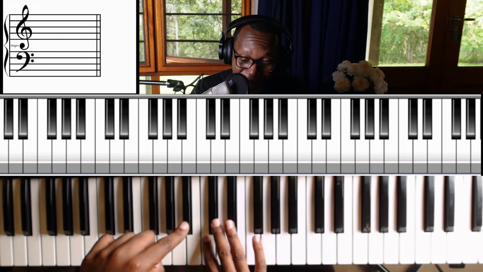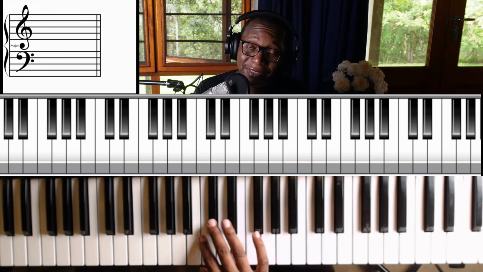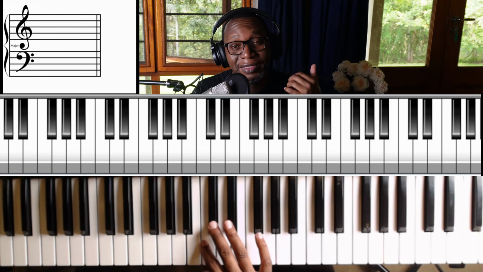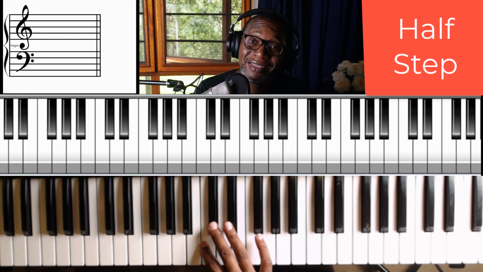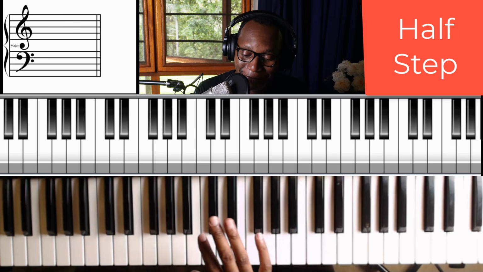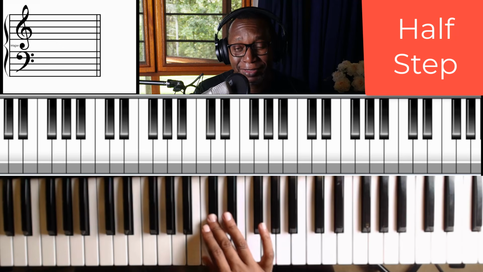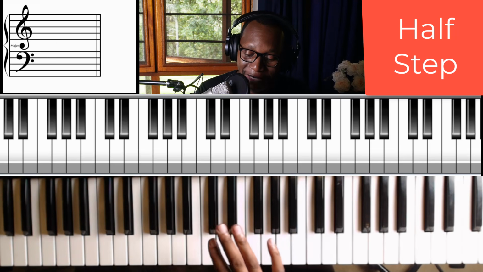There's no key in between them. That very small distance is referred to as a half step or a semitone, depending on which part of the world you come from. That's a half step. In jazz, half step is probably more common.